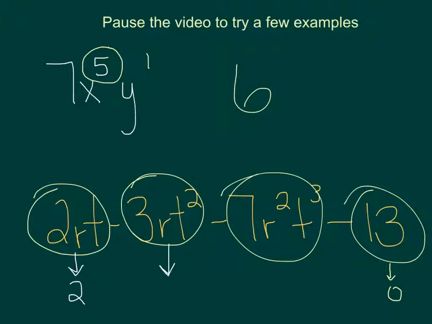We add the exponents for 3rt squared, and we get 3 because the exponent for r is 1. And then we add the exponents for 7r squared t to the third, and we get 5. So again, we know that we go with the greatest degree when we're in anything other than a monomial. So the degree of this would be 5 because you go with the greatest.